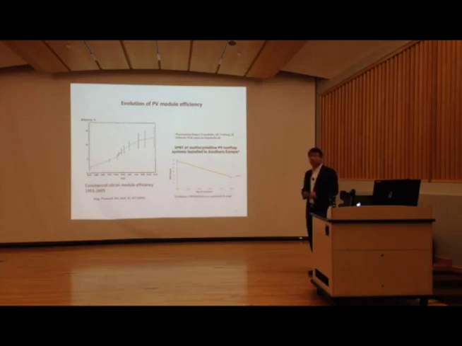Also at that time, the oil price increased a lot worldwide. So a lot of research went into that area. That's why the efficiency went up. And after that, in the 1980s, because the oil price dropped again, there was less research into PV solar cells. So the efficiency still increased slowly.